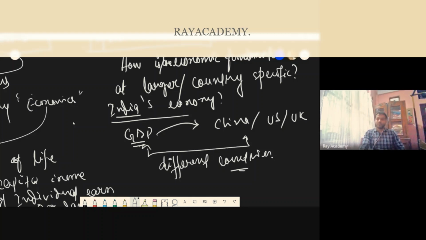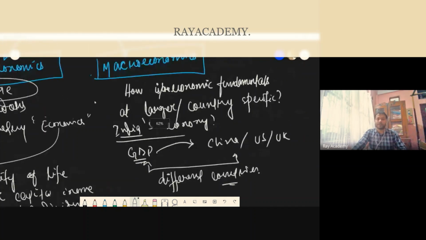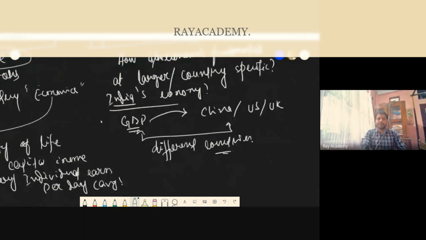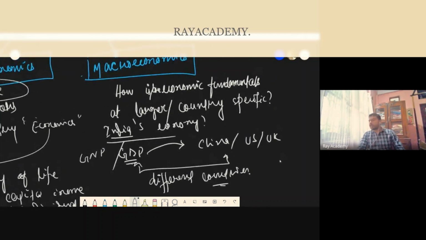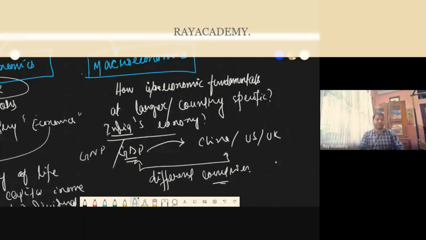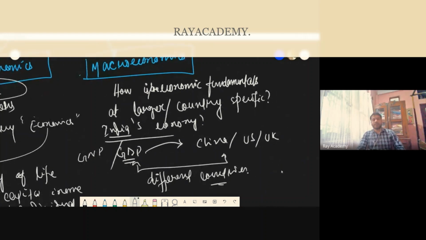Then you get to know whether our country is performing good, bad or average. You try to understand this through macroeconomic fundamentals, like GDP and GNP. These are nothing but macroeconomic fundamentals, that is, how a country as a whole is performing.